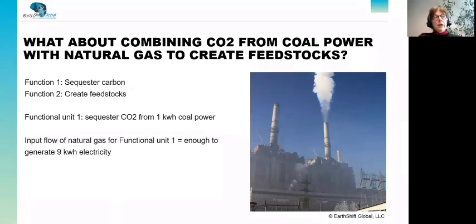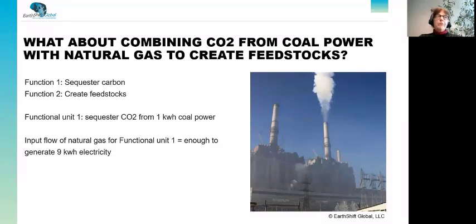But when we looked at the natural gas that needed to be input, and we did this through the LCA, for that functional unit of 1 kilowatt hour of coal power, we found out that the natural gas could have on its own, created through a nice cogen system, really efficient system, generated 9 kilowatts of electricity.